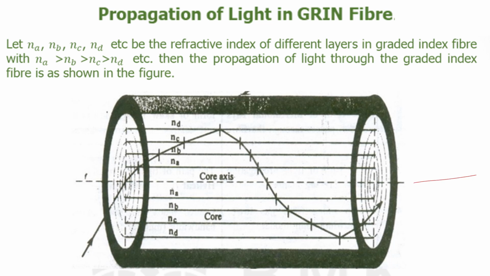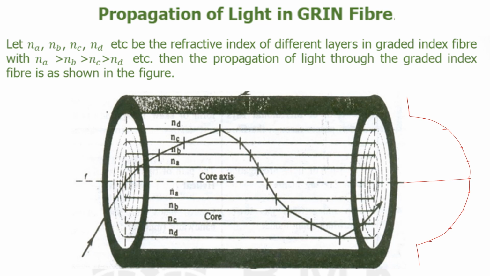By the time it reaches the cladding, it will be something like this. So at different values it is shown, from this value, then this value, then this value, NA, NB, NC, ND.